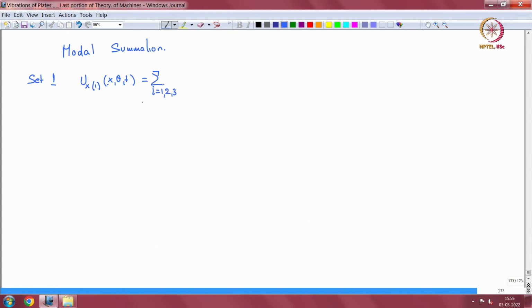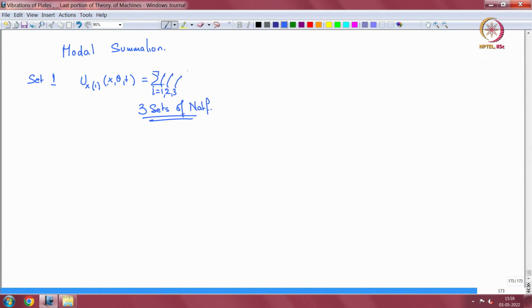These are the 3 sets of natural frequencies, because there are 3 kinds. First is dominantly axial, second is dominantly torsional, third is dominantly flexural. You have 3 sets.